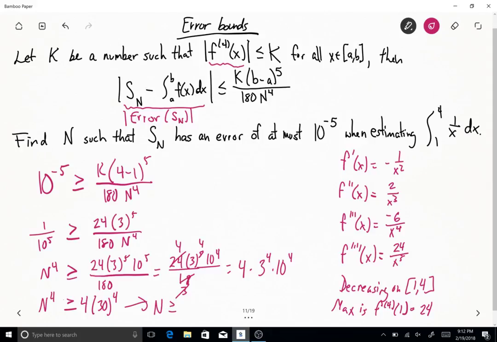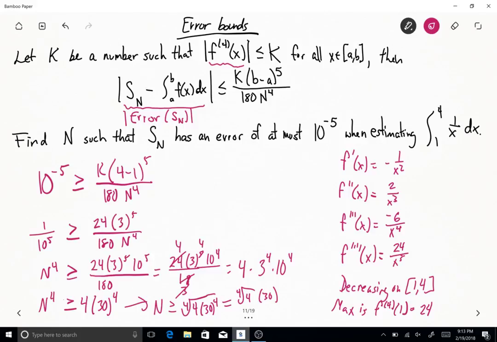So we get n greater than or equal to, notice we have the 4th root of 4 times 30 to the 4th. So that should equal the 4th root of 4 times 30. Now, I don't know that one off the top of my head, and I wouldn't make you do that off the top of your head either. There's no need to worry there.